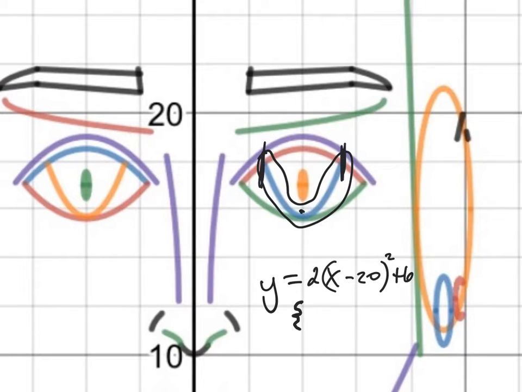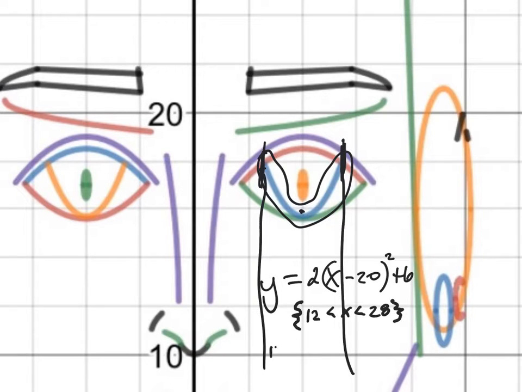So how do I stay between 12 and 28? 12 is less than x is less than 28. That's a domain, and it's saying my x value needs to stay between that, which is like 12, and that, which is like 28.